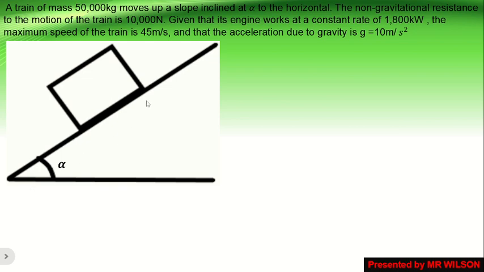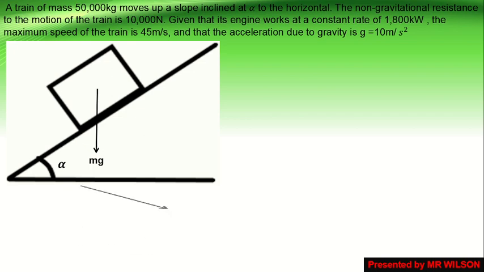So now let us resolve the forces on this body. There are so many forces acting on this body, but let us take the main forces and resolve all of them. First we start with the weight. The weight equals mg, the mass times g, the acceleration due to gravity.